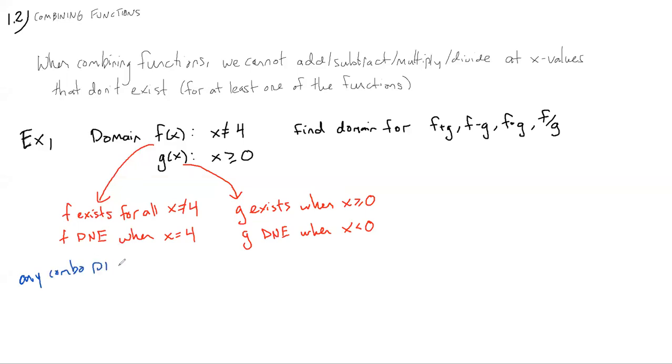So you could write: any combo doesn't exist at the union of all DNE sets. Here our 2 sets are x equals 4 and x is less than 0.